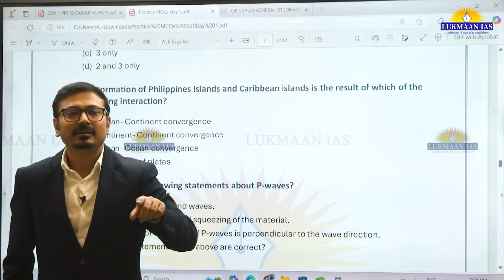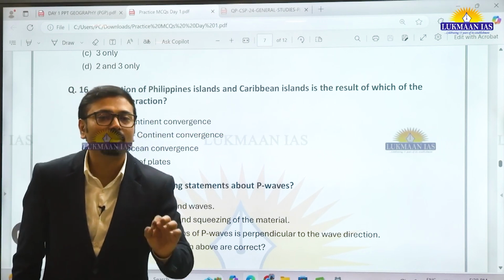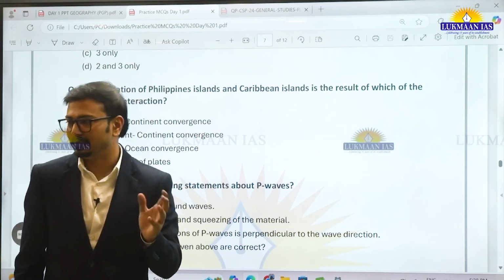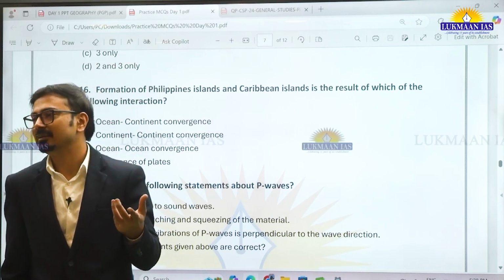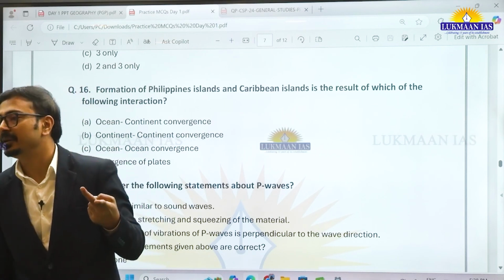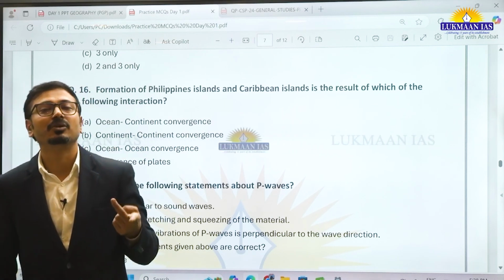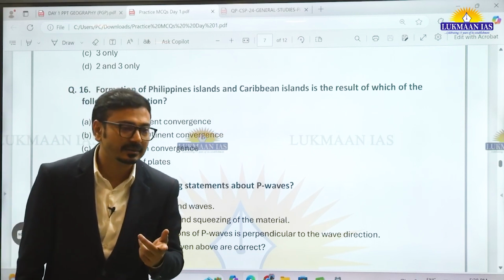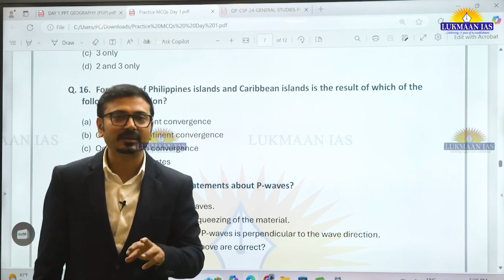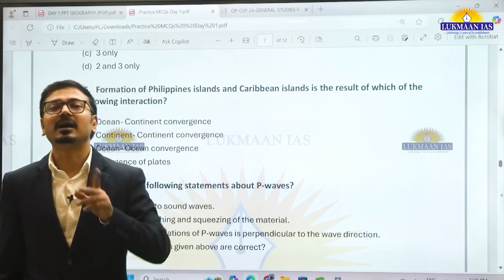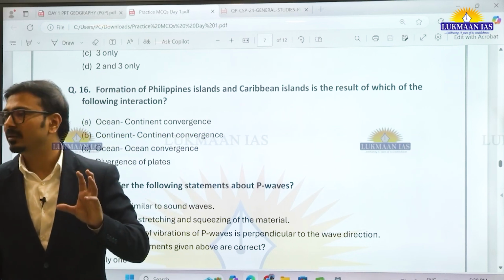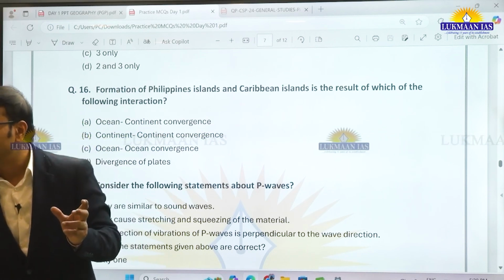At present, this boundary is transform boundary. And because I am repeating, in past this was convergent plate boundary that led to formation of these islands. But at present, this boundary is transform boundary. They are not now converging with each other.